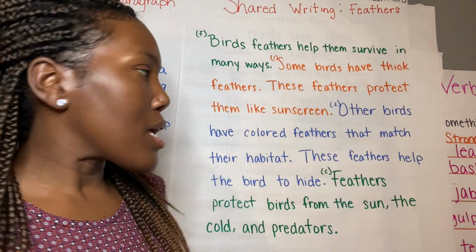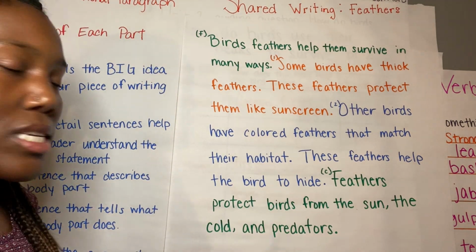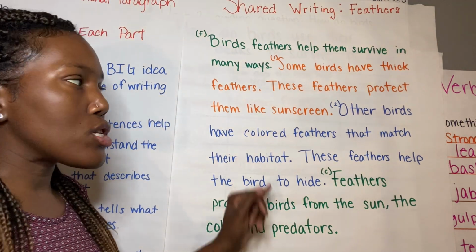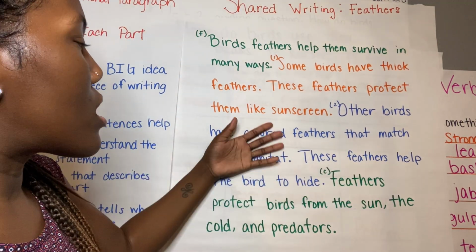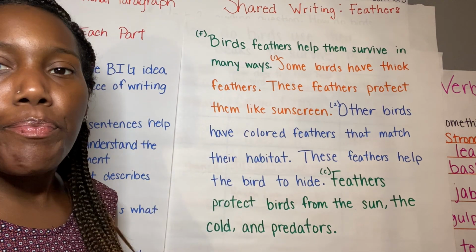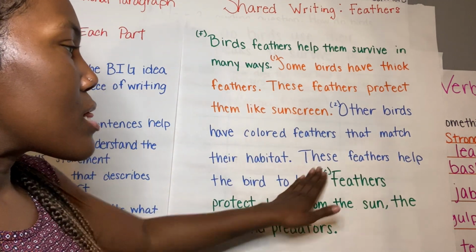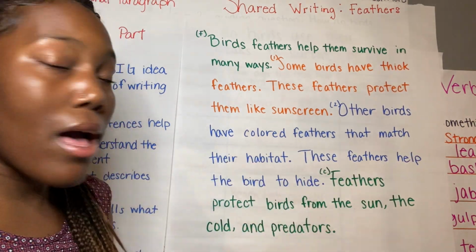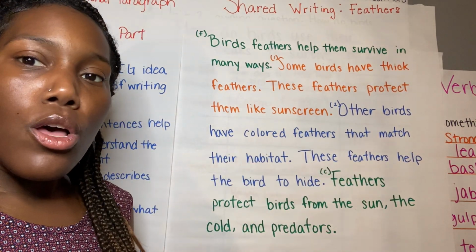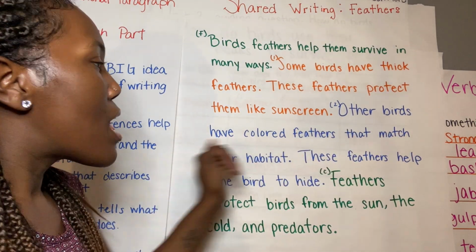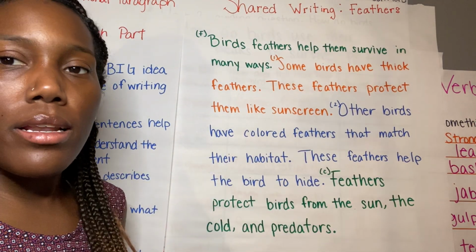Not yet. It is starting off that sentence by describing the body part. So it's describing those feathers that are colored and that match their habitat. It did a good job of that. Let's see how it finishes up. It says, these feathers help the bird to hide. Oh, so the brightly colored feathers that match their habitat help the bird to hide.